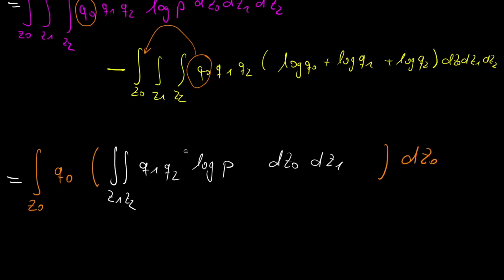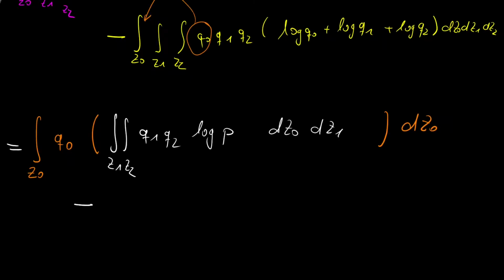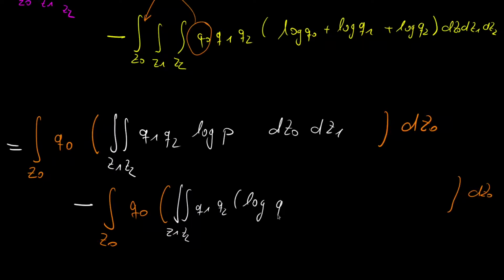Then we have this first integral and then a minus, and then we have the second integral, which will accordingly be the integral over z0 of q0, then the opening and the closing bracket and dz0, and then the inner integral will be over z1 and z2 of q1 and q2 over the logarithm of q0 plus the logarithm of q1 plus the logarithm of q2, and then closing dz1, dz2. And of course I also have this wrong here, this should also be dz1, dz2.